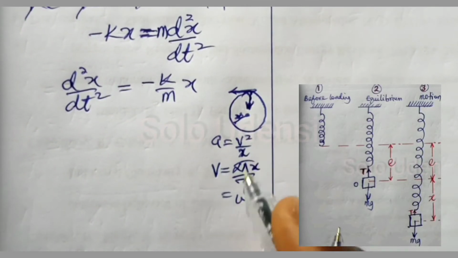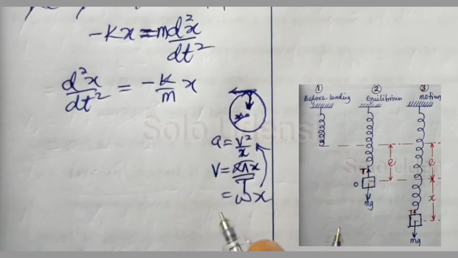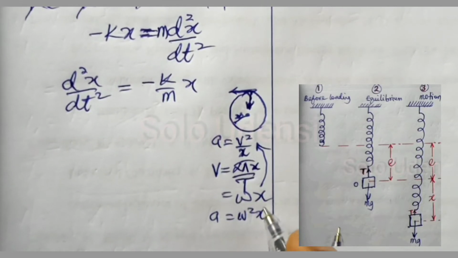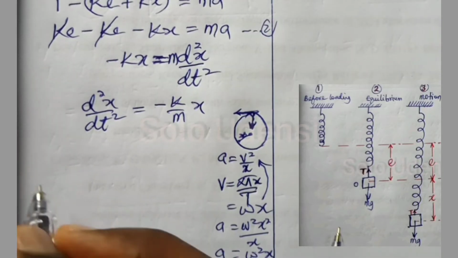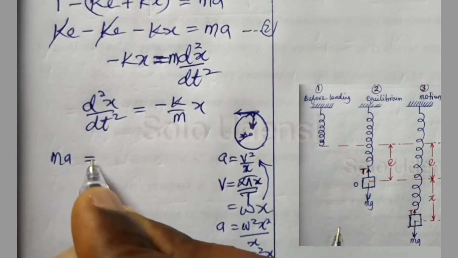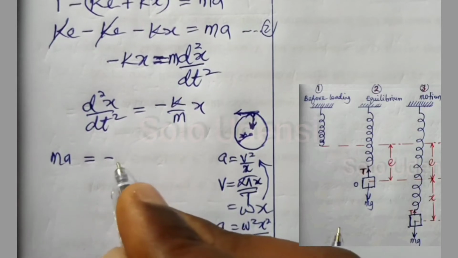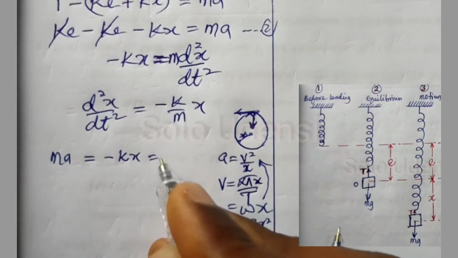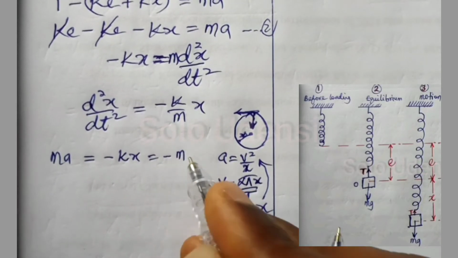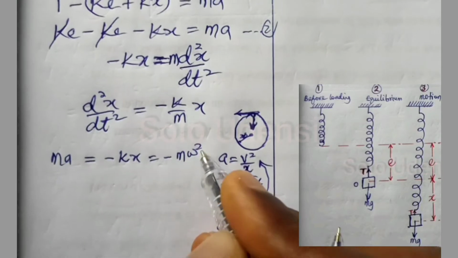So if we now put this into here, we see that a is equal to omega squared x squared over x. So we have it to be omega squared x. That's what our acceleration will be. Therefore, it means that ma is equal to minus kx, and it's equal to minus m omega squared x.